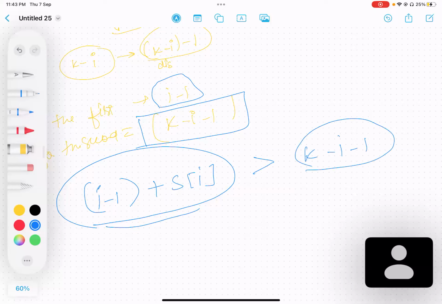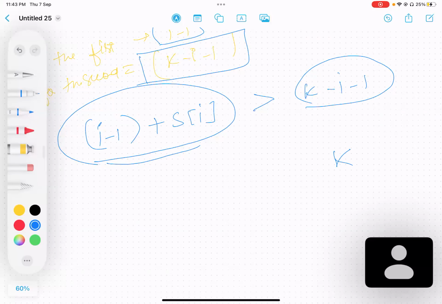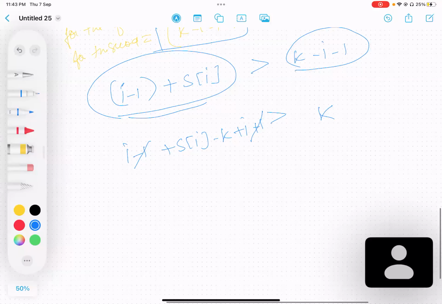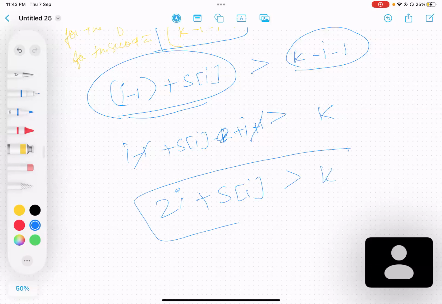So from here, what we got is k plus k minus i minus 1 should be less than i minus 1 plus s of i. So this one and this one will get cancelled, and you will be left with 2i plus s of i should be greater than k.